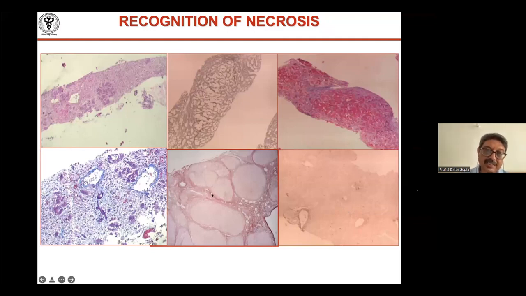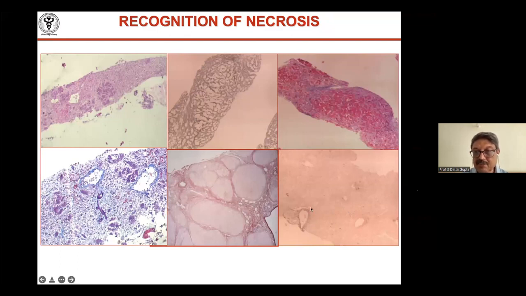On the other hand, if you do an Orcein stain in cirrhosis, you will find definite nodules of Orcein here because they are elastic fibers that are generally restricted around blood vessels in the portal tract normally. Whereas in bridging necrosis, so this is cirrhosis.